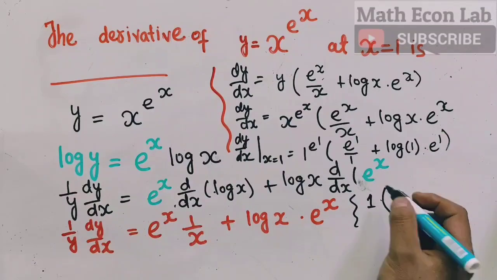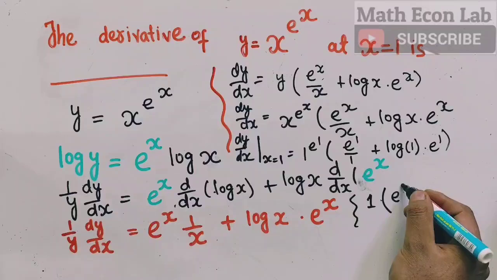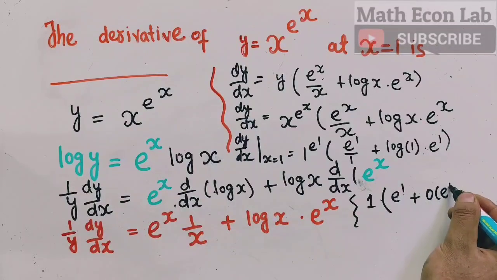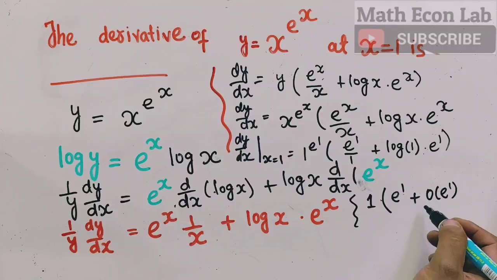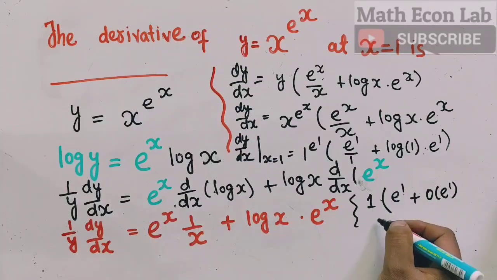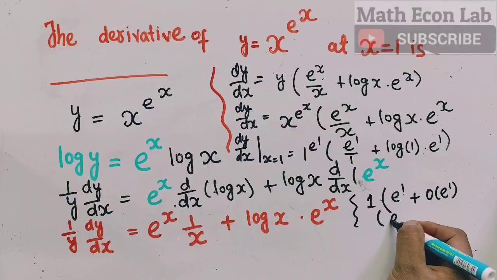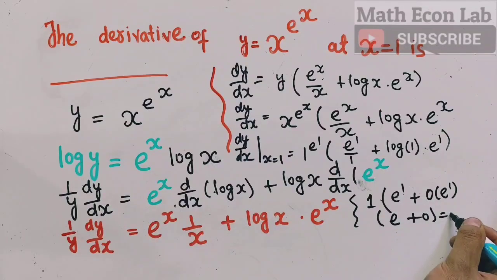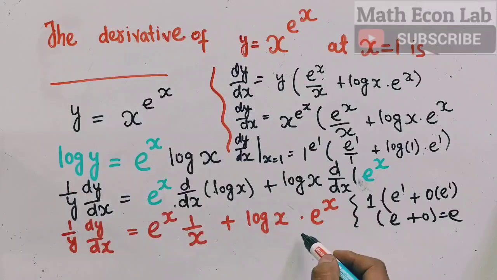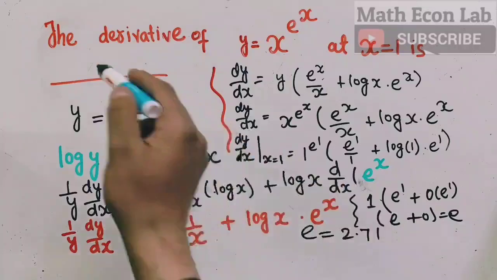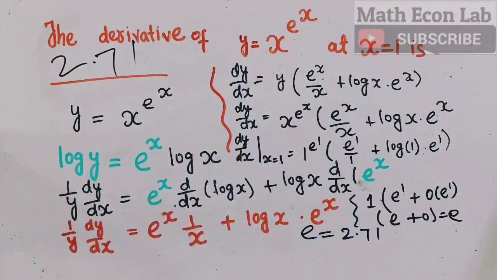Then we have e raised to the power 1 plus log of 1, which is 0, times e raised to the power 1. So 1 into something is something, so we have e plus 0, which is equal to e, and the value of e is, I guess, 2.71. Okay, so the correct option should be 2.71 here.